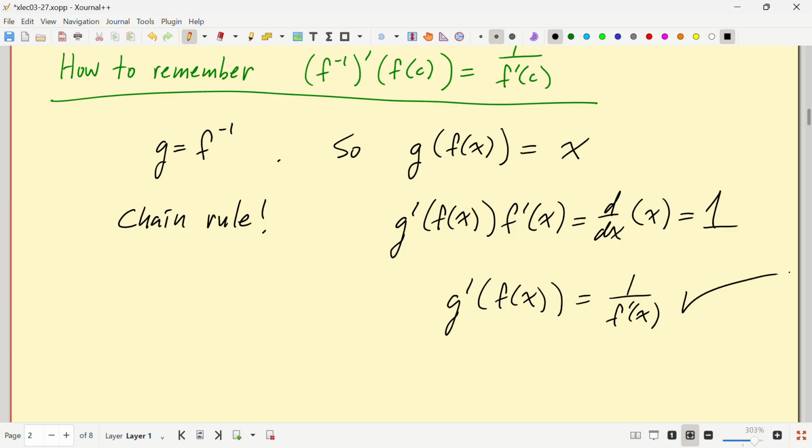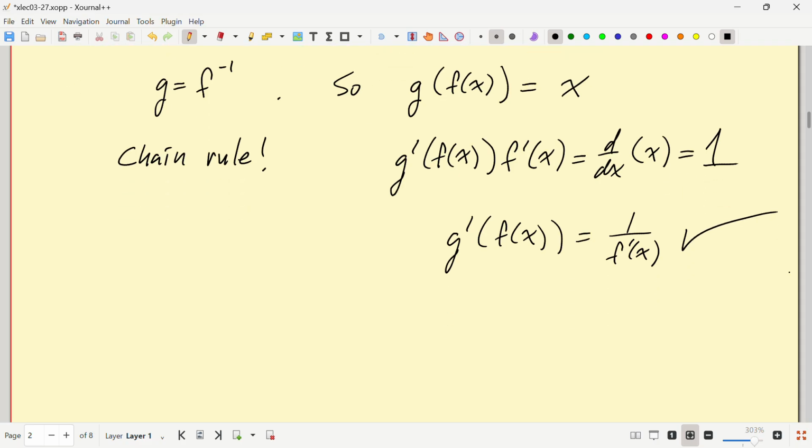Another way to write it would be, let's see. If I let the g of f of x, if I called that y, then x would be equal to g of y.